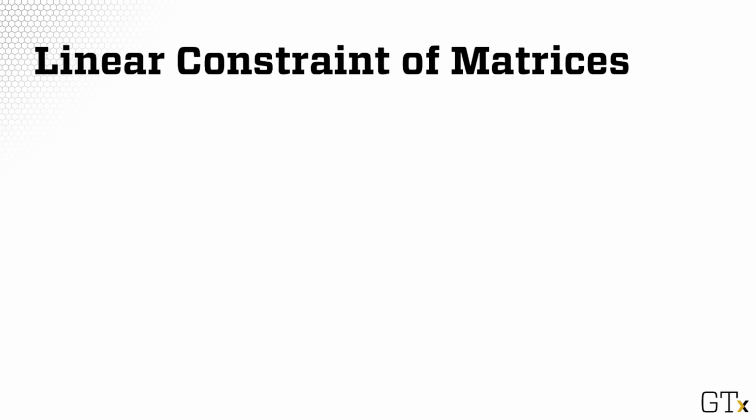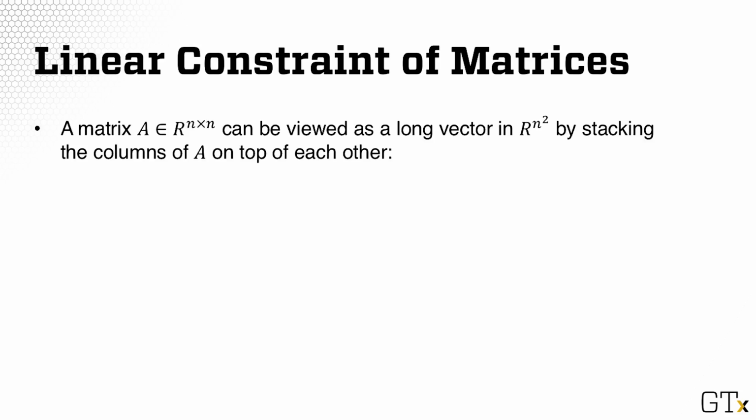Okay, so what is a linear constraint on matrices? In order to define semi-definite programming, we have to define linear constraints on matrices. It's actually very easy to define because a matrix, although it's displayed as an n by n array of numbers, you can always think about this as a long vector by stacking the columns of A on top of each other.